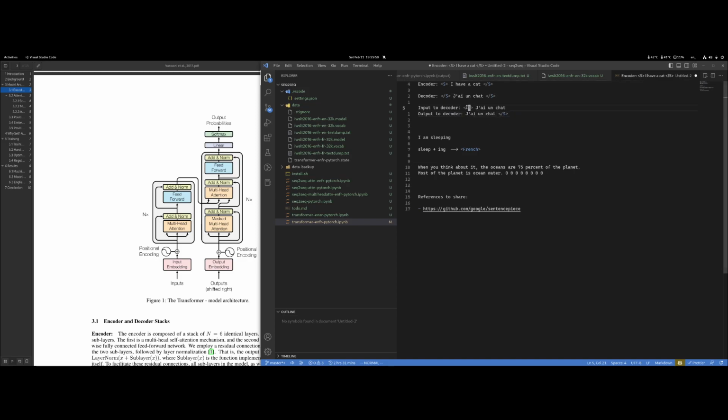So essentially you're telling the decoder: when I give you the beginning of a statement, I would expect to get the je. When I give you the je, I expect to get the ai, and so on.